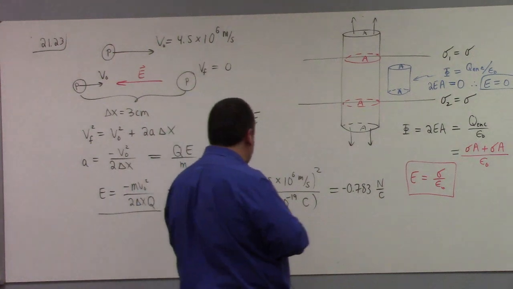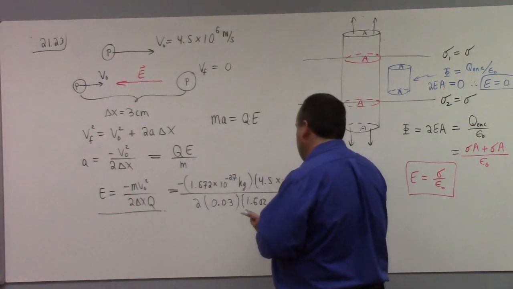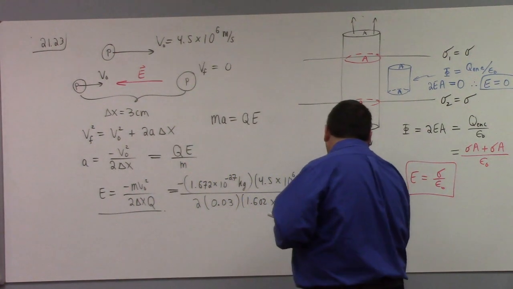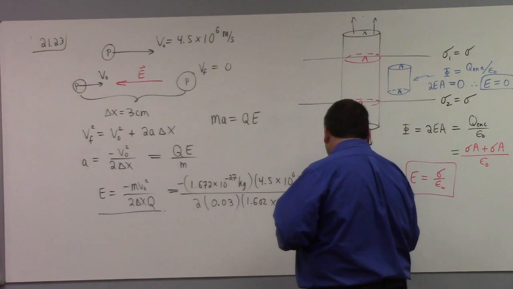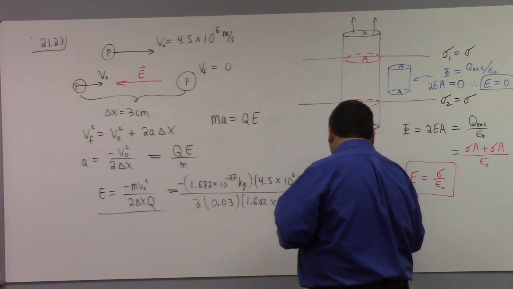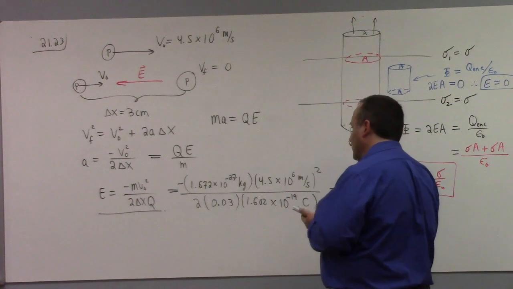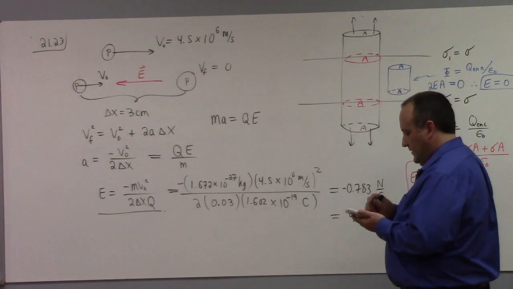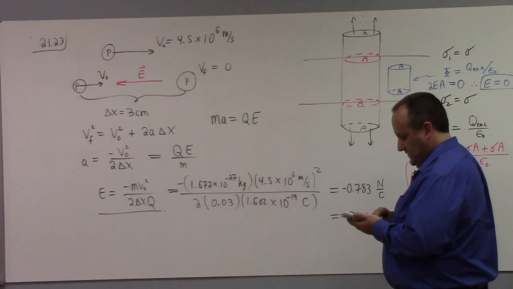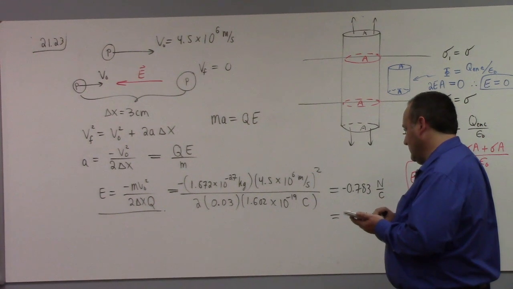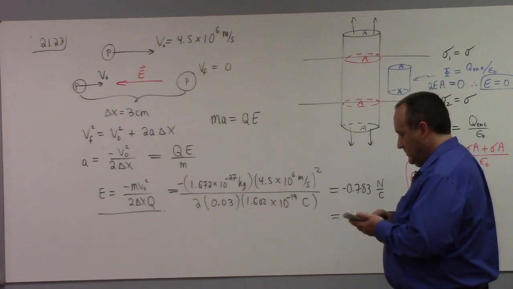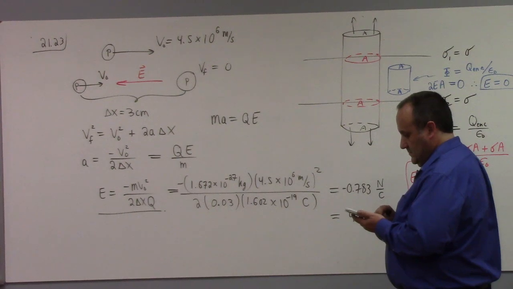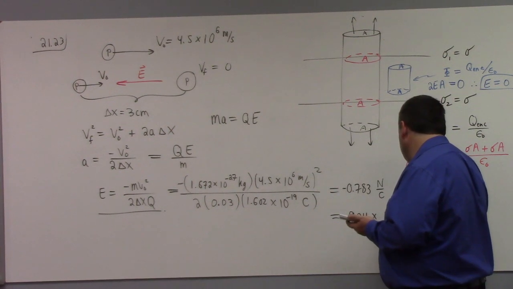Well, I got 904, but times 10 to the what? 12 minus 27 plus 19. I get 4.